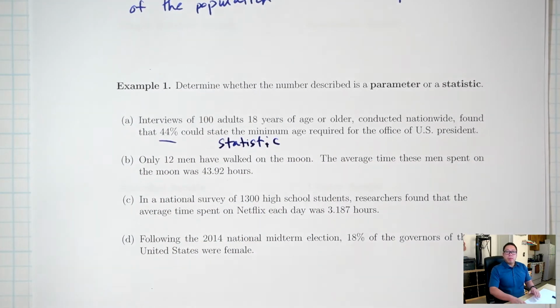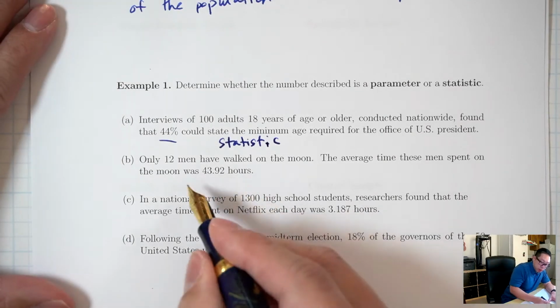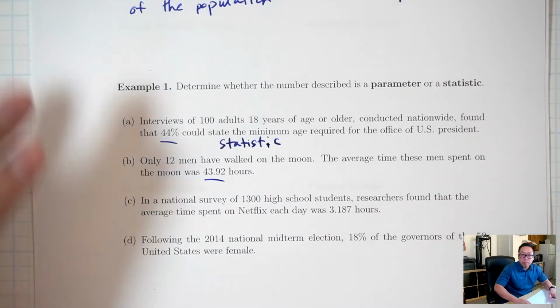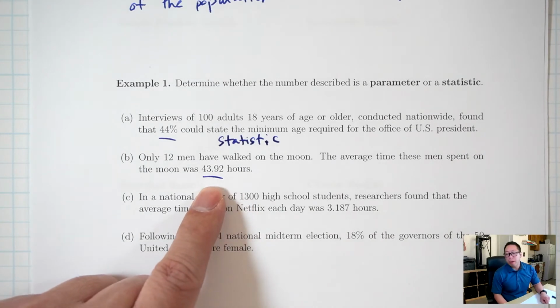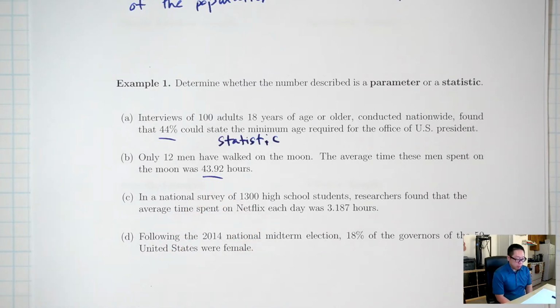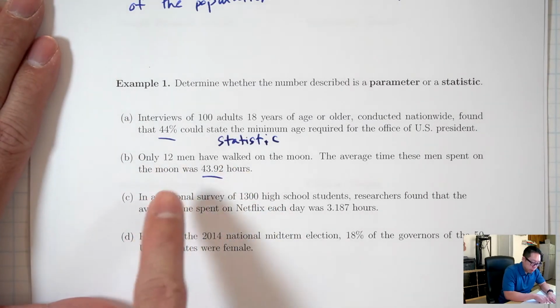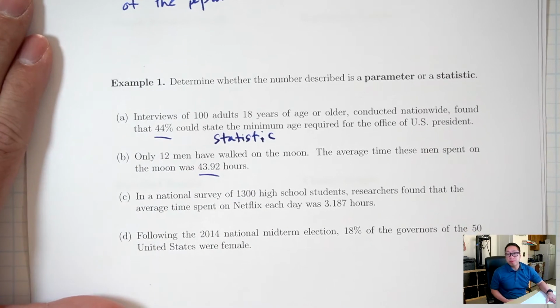Part B. Only 12 men have walked on the moon. The average time these men spent on the moon was 43.92 hours. The number I care about here is that 43.92. And the question is, again, did I get this number by asking everybody in the population, or did I get this number by asking a sample, a smaller sub-collection? So the population I care about here is what? Look at the phrase after that 12. Men who have walked on the moon.